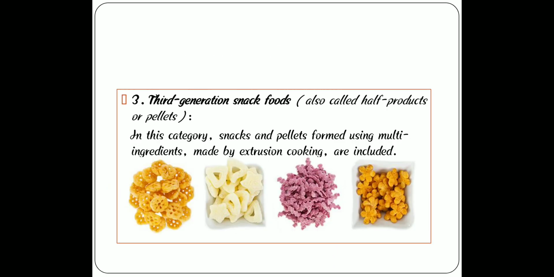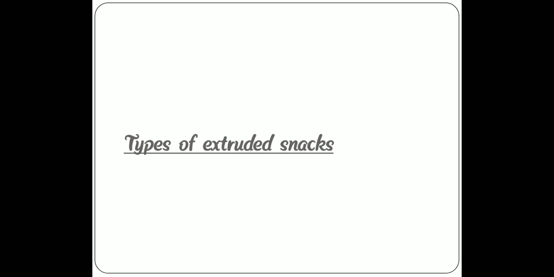And third generation snacks are also known as half products or half pellets. In this category, the examples are basically pellets, which are formed using multigrain ingredients by extrusion cooking. So we will see these types in detail.